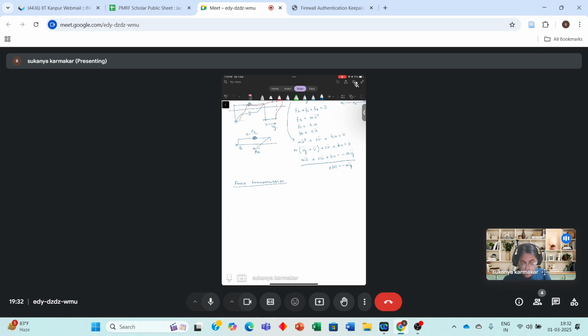So for force transmissibility, suppose you have a mass sitting like this. There is a spring and there is a dashpot.